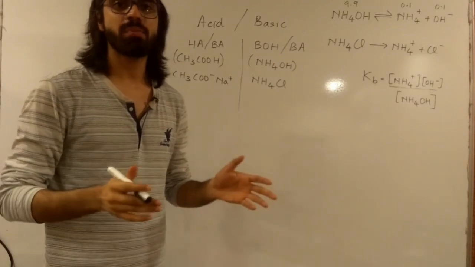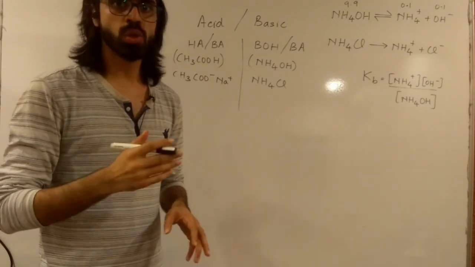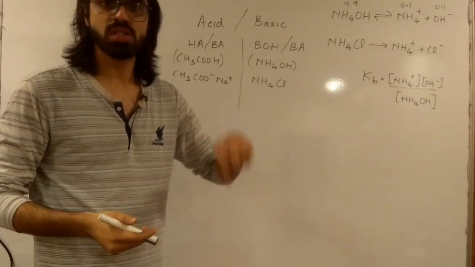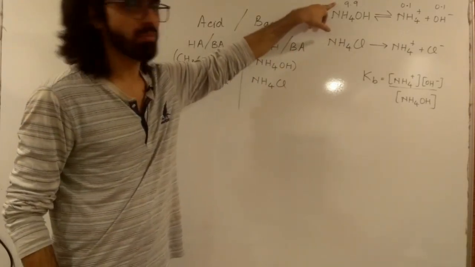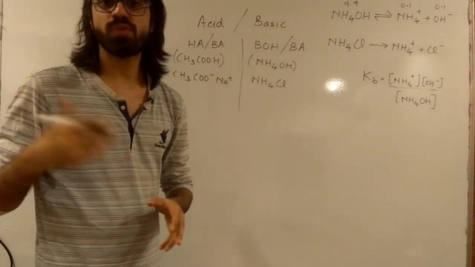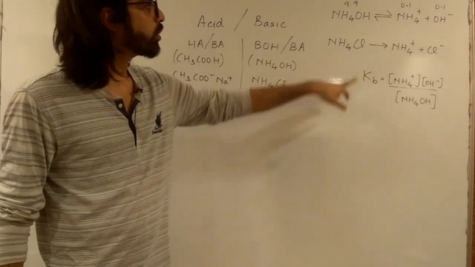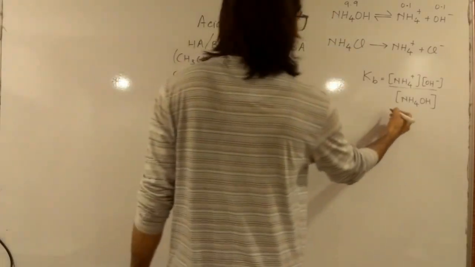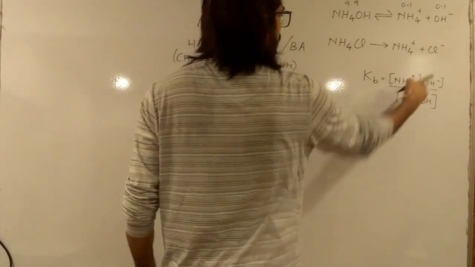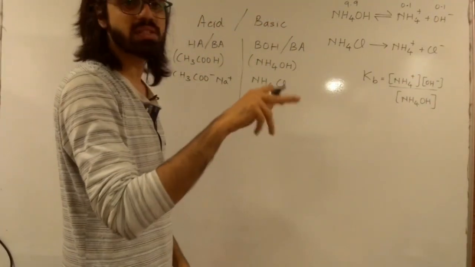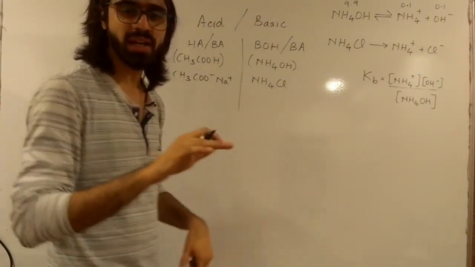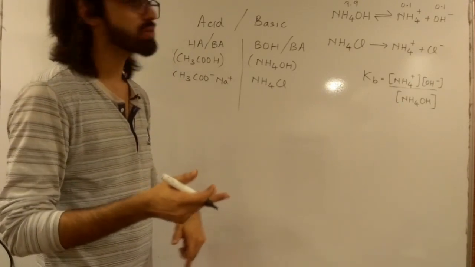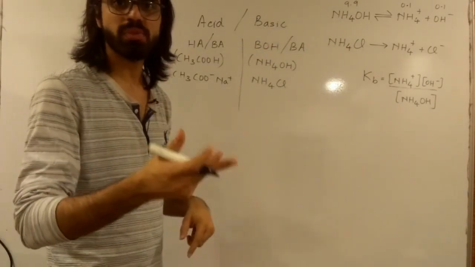Assume that everything is happening in a solution of 1 liter, so the concentration will be number of moles divided by 1. So whatever the number of moles, they are the same values for concentration also. If you put in those values, the Kb value for NH4OH will turn out to be 0.1 into 0.1 upon 9.9. It's 10 power minus 2 upon 9.9, and let's take 9.9 approximately as 10.